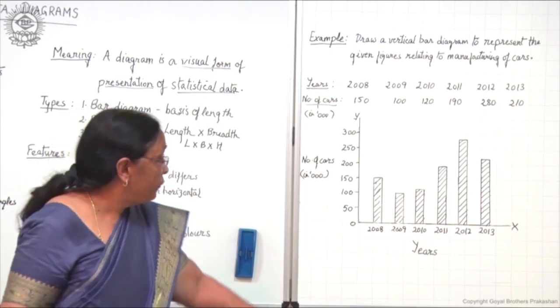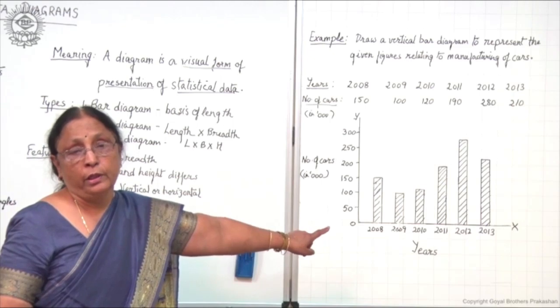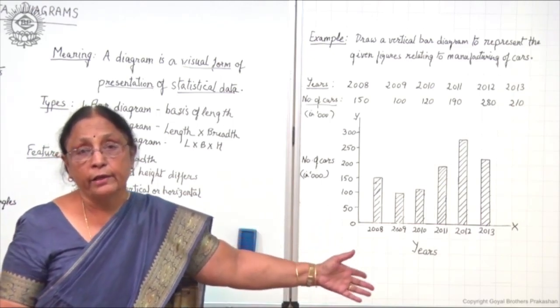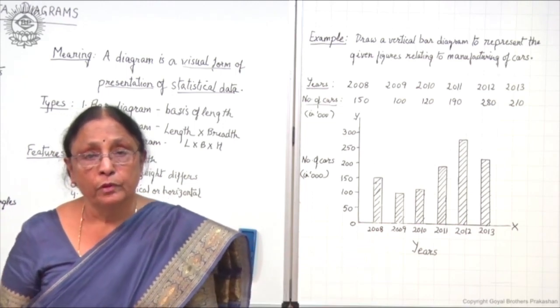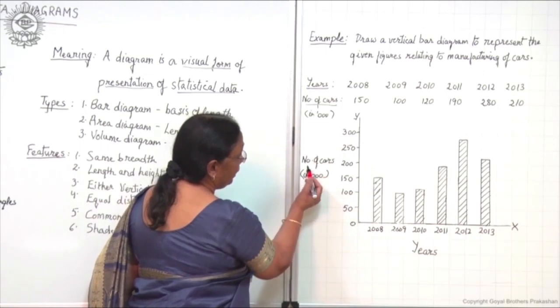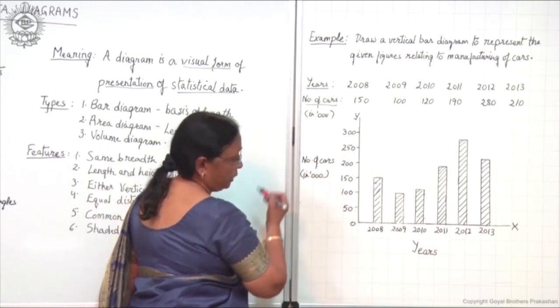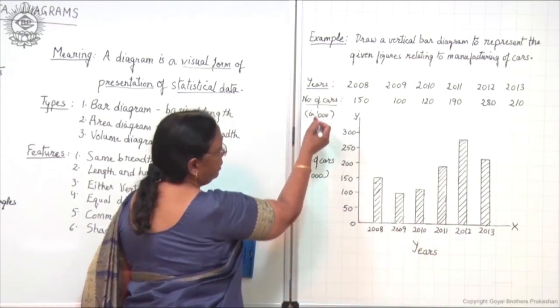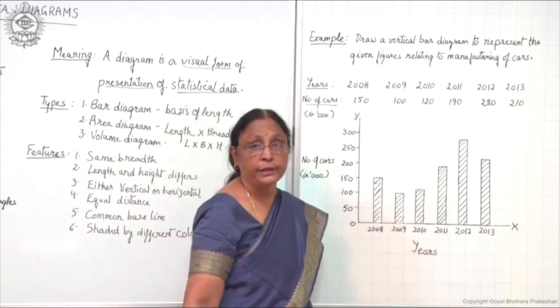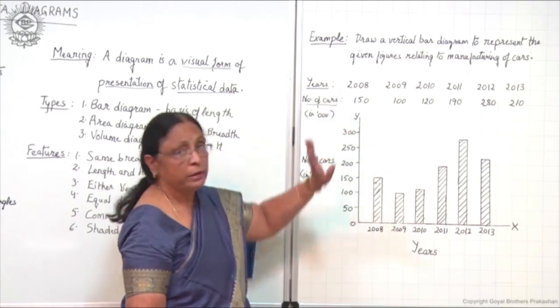So labeling of diagram is very important. Until and unless you label it, nobody can understand what the diagram shows, right. So OY axis will be labeled number of cars in 1000 as it is given here. Same way this axis you will name as years as given in the data.